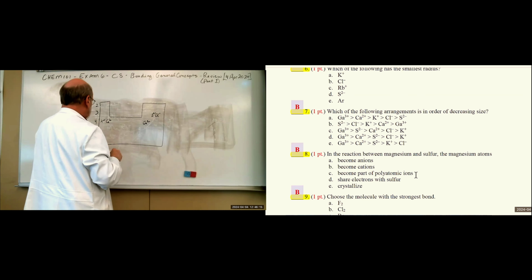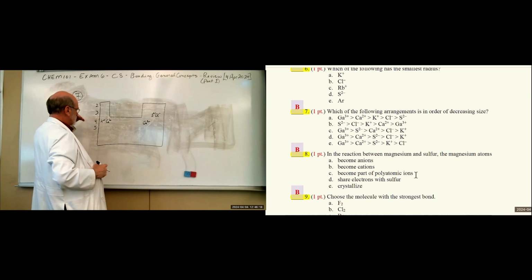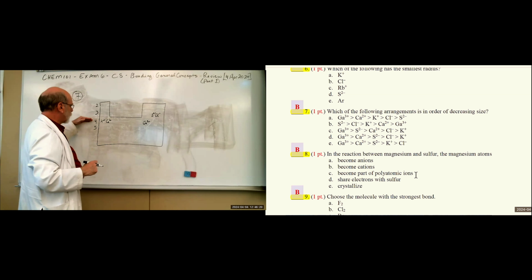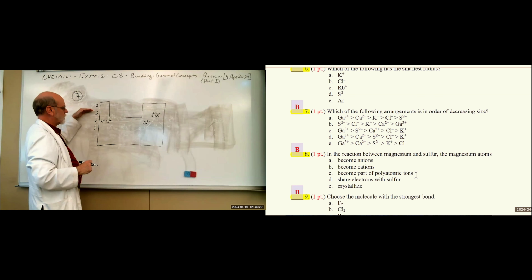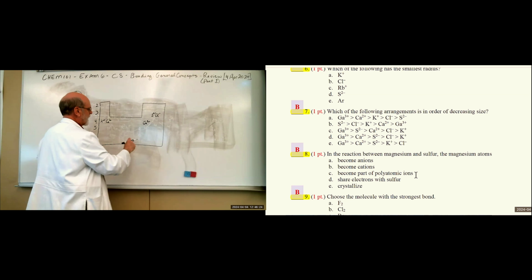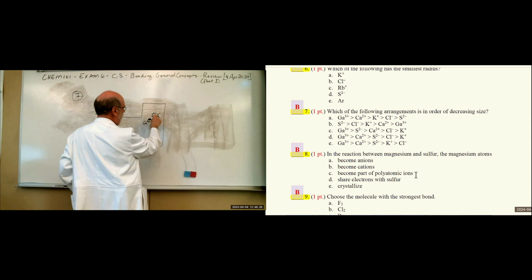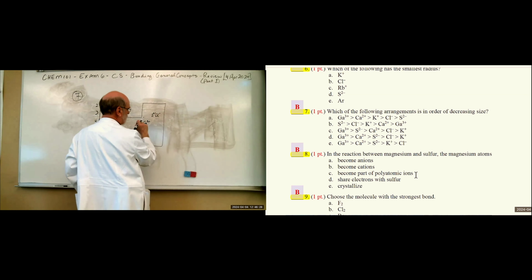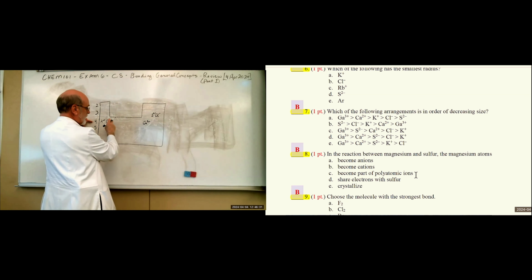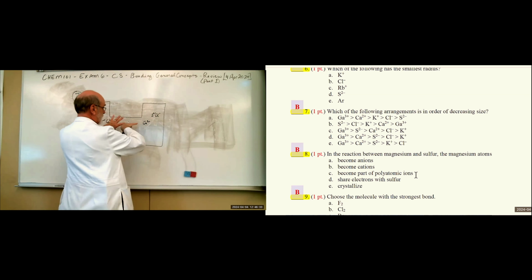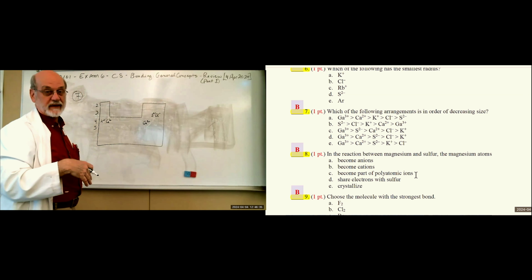All right. If we look at the neutral atoms, the 4th should be bigger than the 3rd. Except that now we have added electrons here with not an increase in protons, which makes these guys really balloon big.